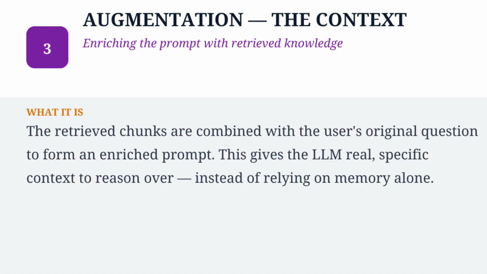The LLM now has real, specific context to reason over. It is not guessing from memory. It is working with actual retrieved facts. And this right here is what separates RAG from plain chat. The model is no longer hallucinating answers from thin air. It is reasoning over real information.